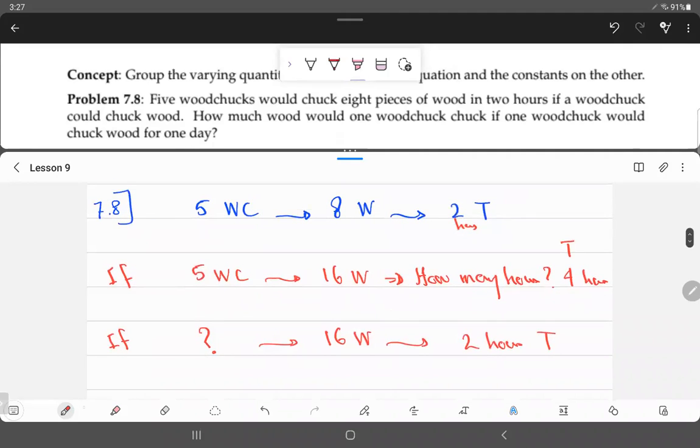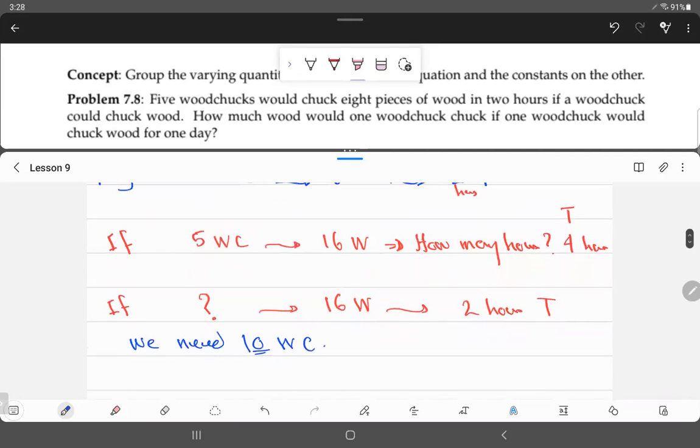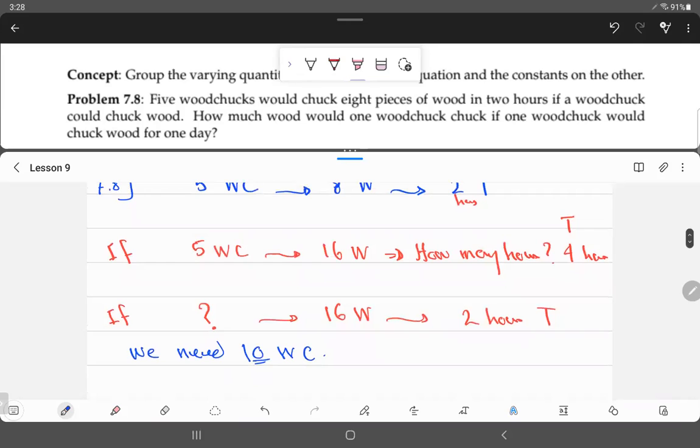So how many woodchucks do I need? 10, right? So we need 10 woodchucks.